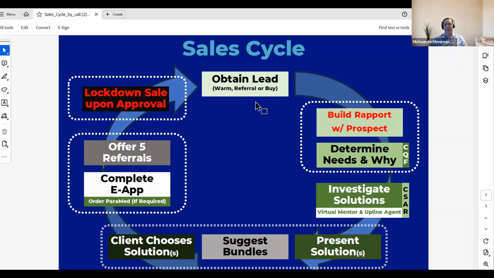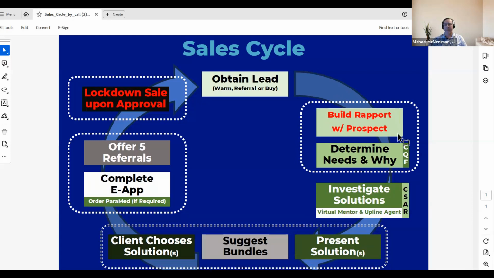Once you have the lead, then you have to reach out and connect with that lead, which means again you can do it in person or you can do it on the phone. We talked last week about how to build rapport with that prospect and why it's so important. And as Kevin so frequently says, if you can get them laughing, you're going to have a better connection with them.